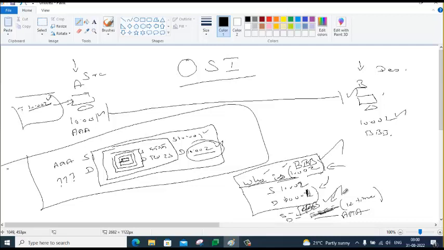So using that, A is going to, first of all, update the ARP table, saying I learned that the MAC address of 10002 is BBB.